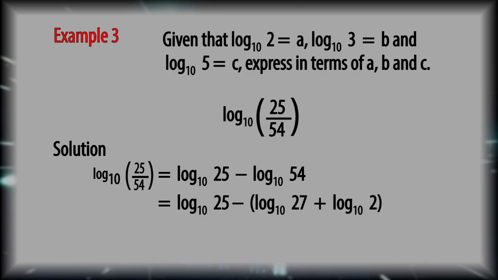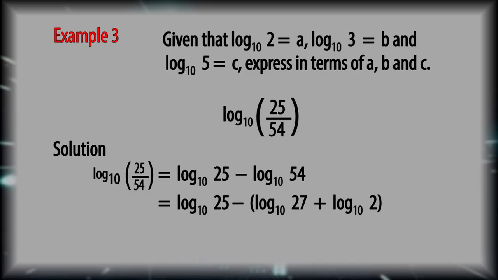That is using the second rule. Then we write this as log base 10 of 25 minus, in brackets, log base 10 of 27 plus log base 10 of 2.